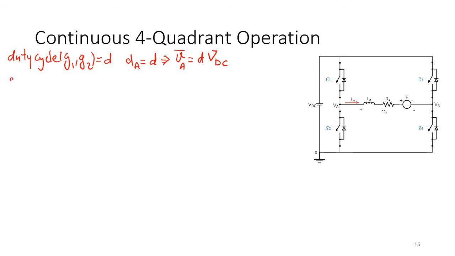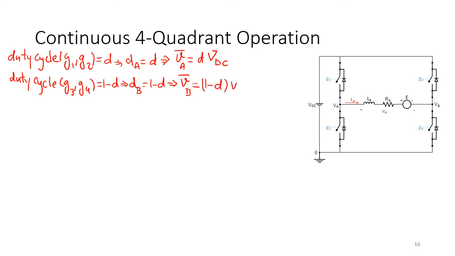Similarly, if we put instead duty cycle for pair G3 and G4 be 1 minus D. So in other words, dB is equal to 1 minus D. So duty cycle for leg B is 1 minus D. So VB average will be equal to 1 minus D VDC.